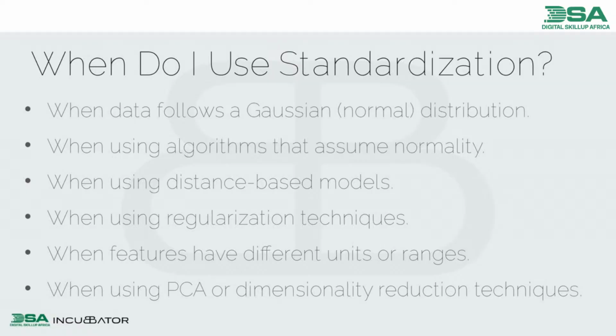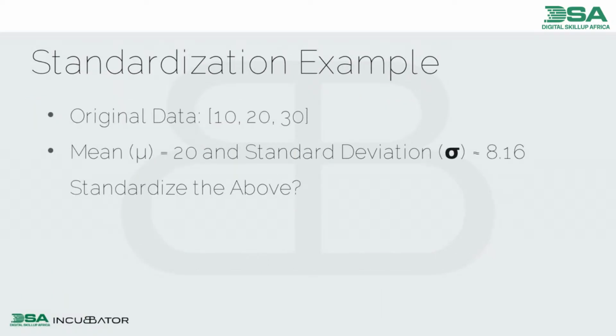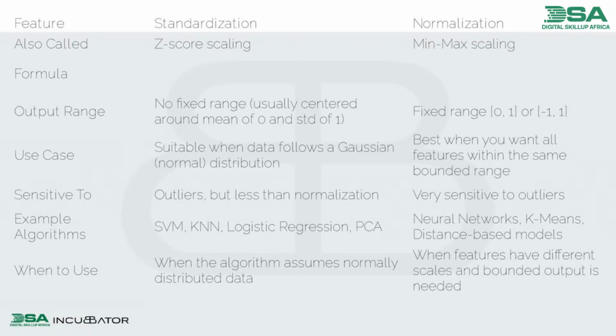When your data follows a Gaussian or normal distribution, when using algorithms that assume normality, when using distance-based algorithms, when using regularization techniques, when your features have different units or ranges, things like that. So please go back to these things, because you might encounter some data sets that you pick, and you just require to do some normalization or standardization. Formula missing again. Sorry about that.